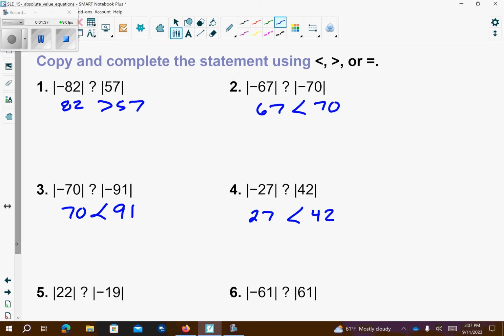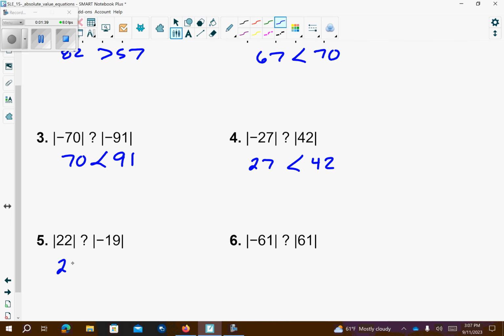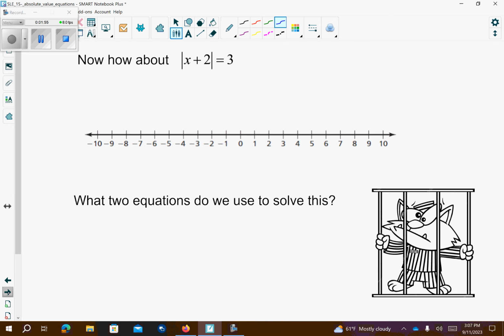So 42 is bigger. So you're talking about a distance each time, and it's going to come out to a positive number. And these are equal. Okay, so think about it as a distance. I can't make distance negative.